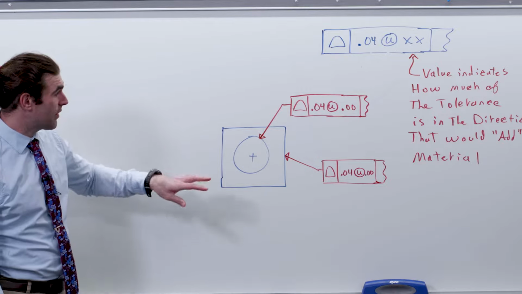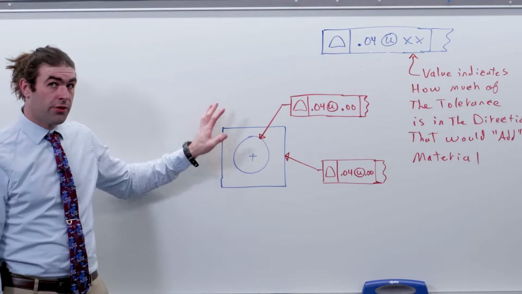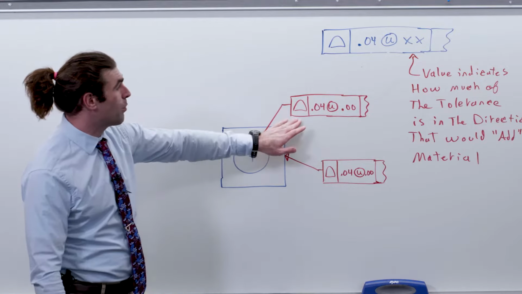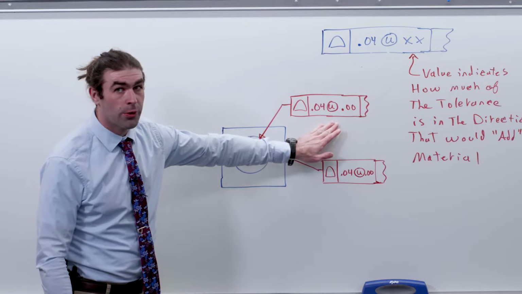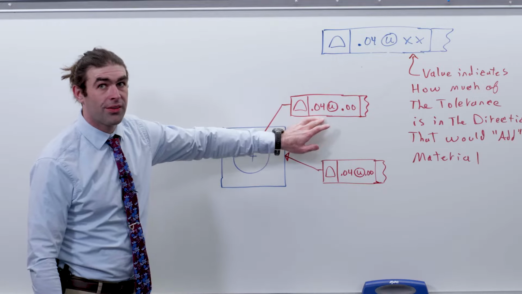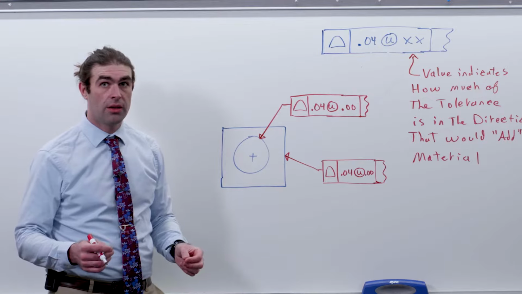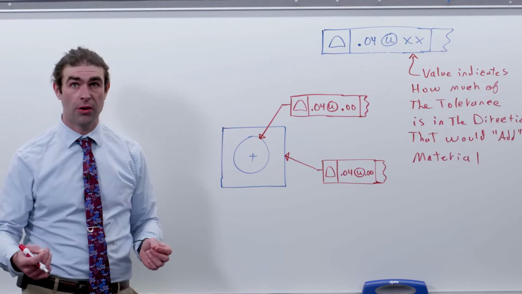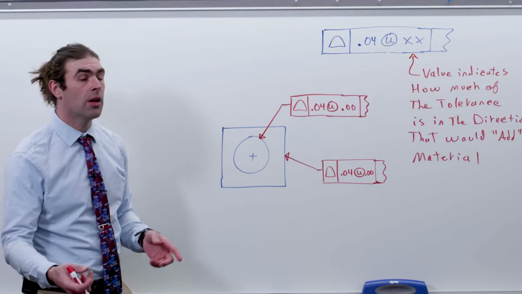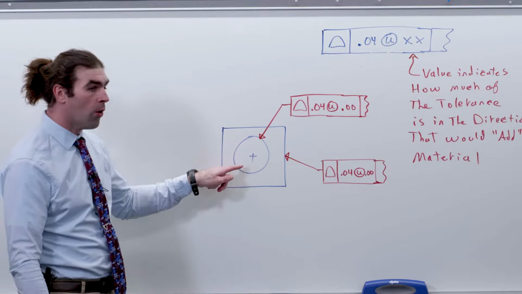Now, what that means, I've got an example here. Just imagine this is all defined with basic dimensions. Profile, 40 thousandths, unequally disposed tolerance. 0 of that 40 thousandths is in the direction that would add material. What would add material to a hole?